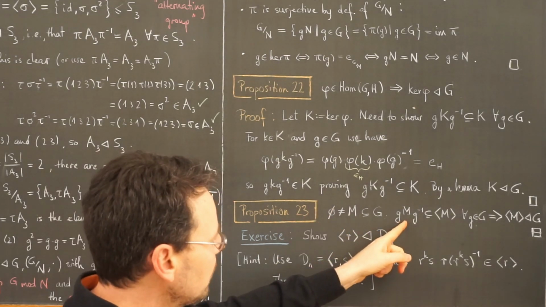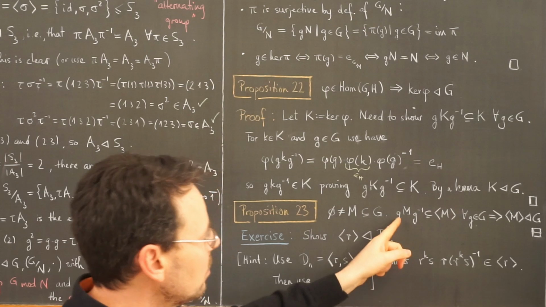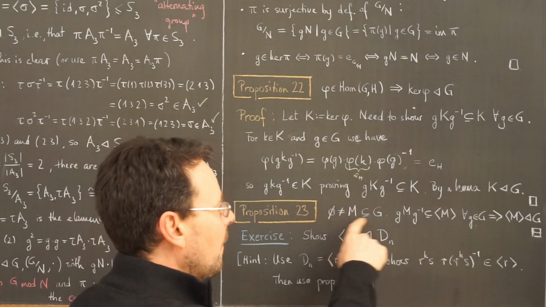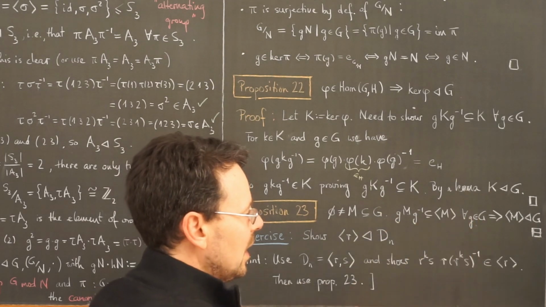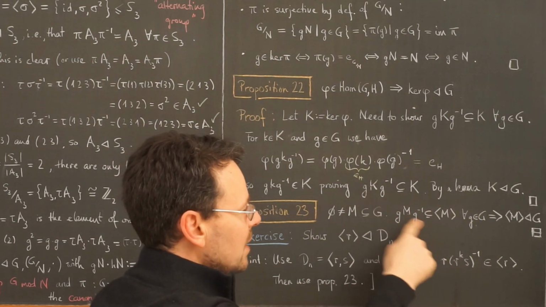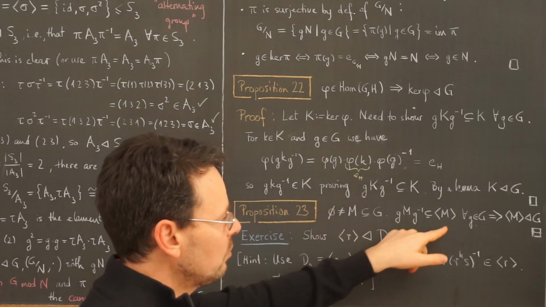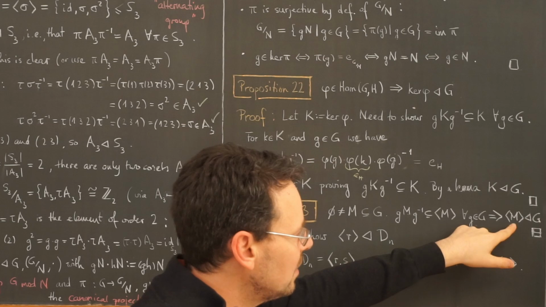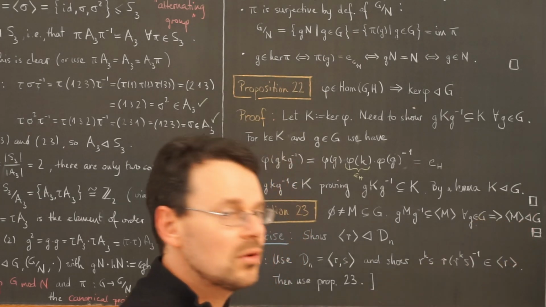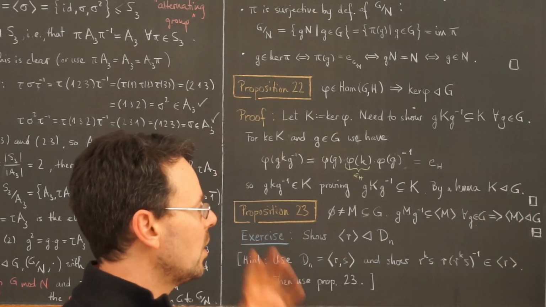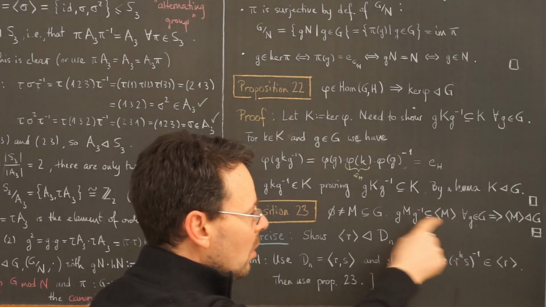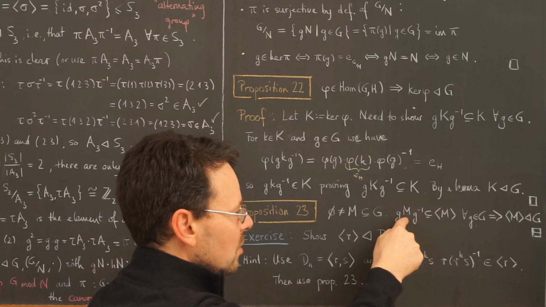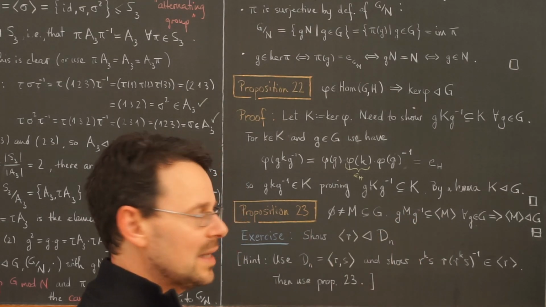And then if we have the following condition, that this subset conjugated by any element of G ends up in the subgroup generated by M, then we already know that this subgroup generated by M is a normal subgroup of G. So we do not need to test all the elements of this here. It suffices to test this condition on the elements of M itself.